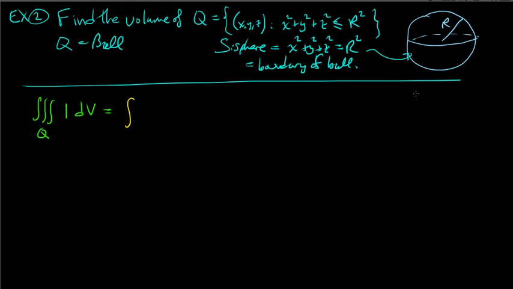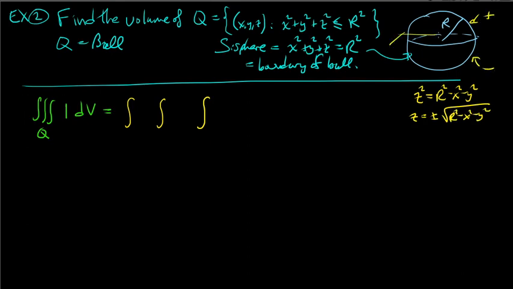So z squared is just going to be r squared minus x squared minus y squared. So we have plus or minus the square root of that, and we really do need the plus or minus in this case, because the plus corresponds to the top half of the sphere, and the minus is the bottom half.